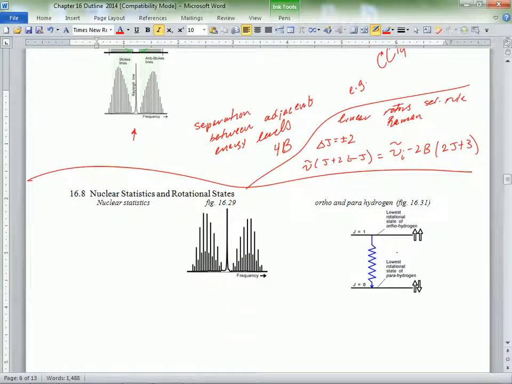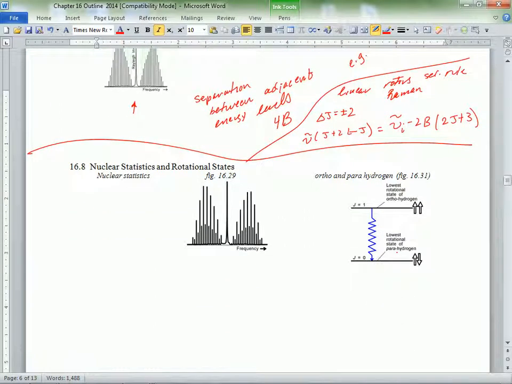Nuclear statistics and rotational states. I don't know, there's a lot of reading there. I would just say that that's the reason why we have that delta J being plus or minus 2, and again in the reading, only even J rotational states exist.